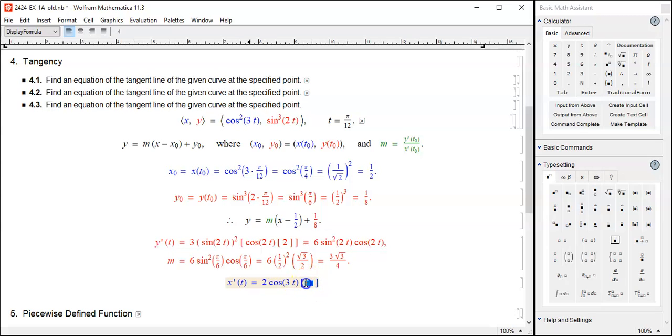Derivative of cosine is negative sine, and multiply by the derivative of 3t, the inside function, and that completed the problem. So we get negative 6 cosine of 3t times sine of 3t. Did I get this right?